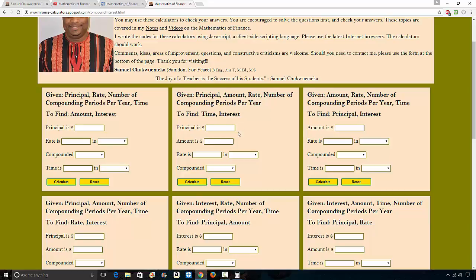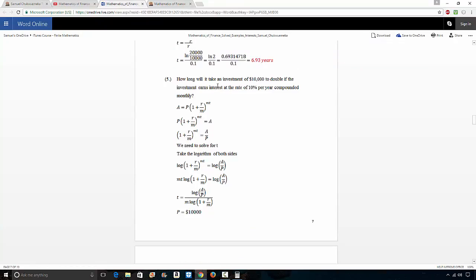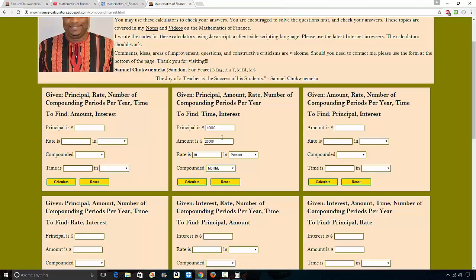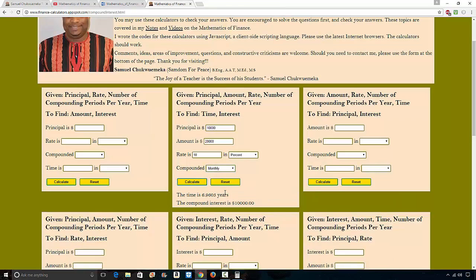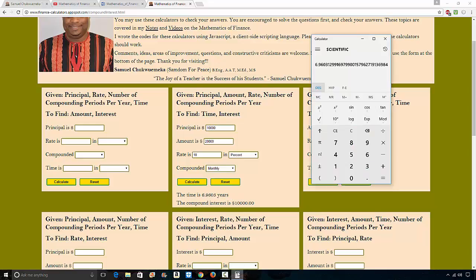So I'm going to use this. The principal is $10,000, amount $20,000, rate is 10%. Now compounded monthly, that is monthly, right? Yeah, compounded monthly. Calculate. So this is the time right here. Okay, 6.9303. That's right.